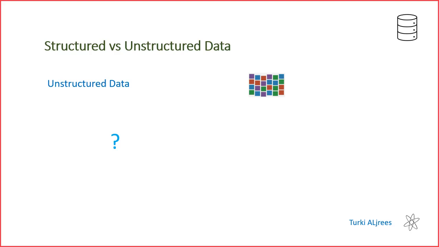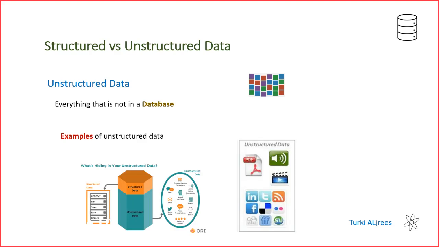Now, the second type is unstructured data, which is everything that is not in a table. Examples of that include any data saved in a file format such as PDF, any audio or video files, and many other examples such as emails that contain different types of files. On social media you can easily find tweets or posts created with images or video.